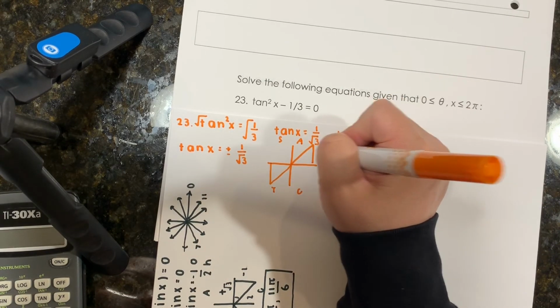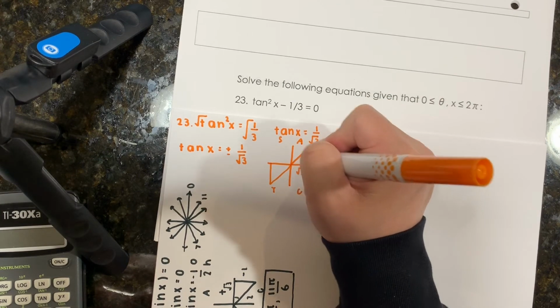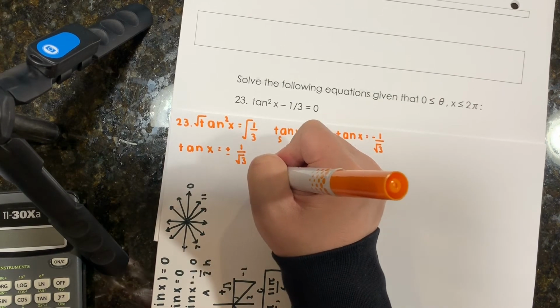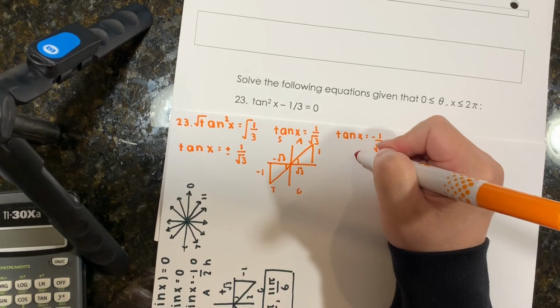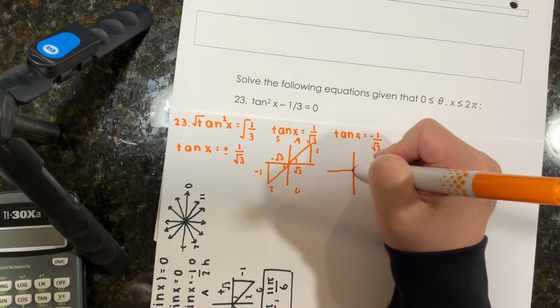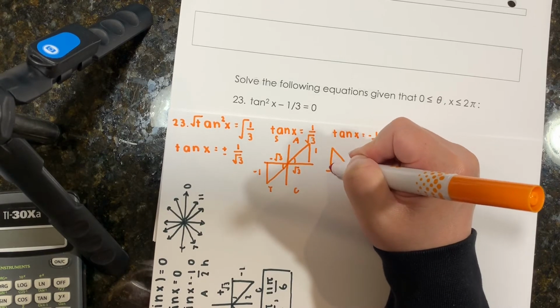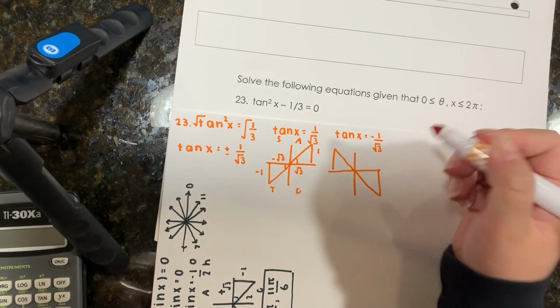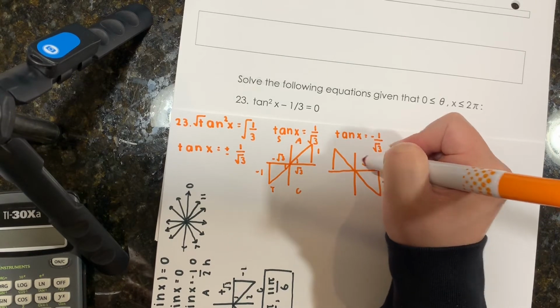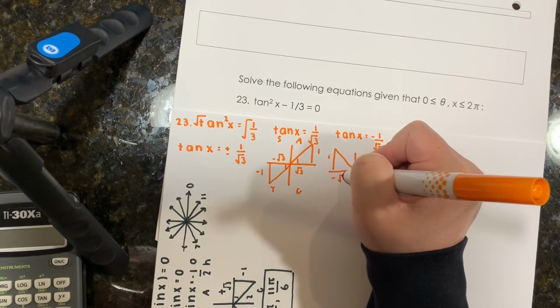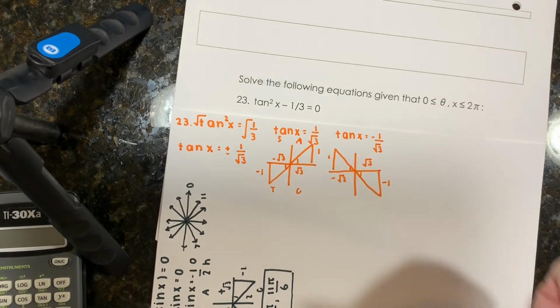It says opposite 1 adjacent root 3, opposite negative 1 adjacent negative root 3. Since it's positive in 1 and 3, that means it's negative in 2 and 4. Opposite negative 1 adjacent root 3, opposite 1 negative root 3 adjacent. And those are all going to be 30-degree angles.